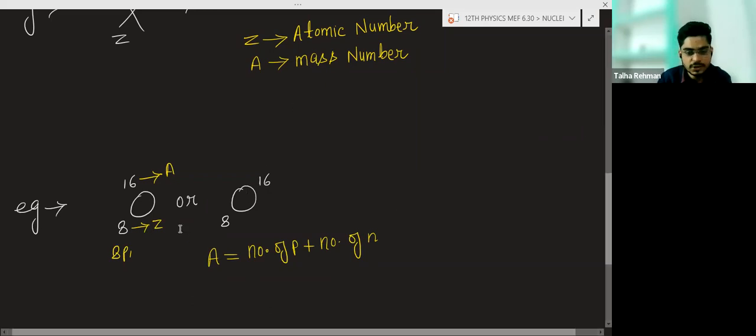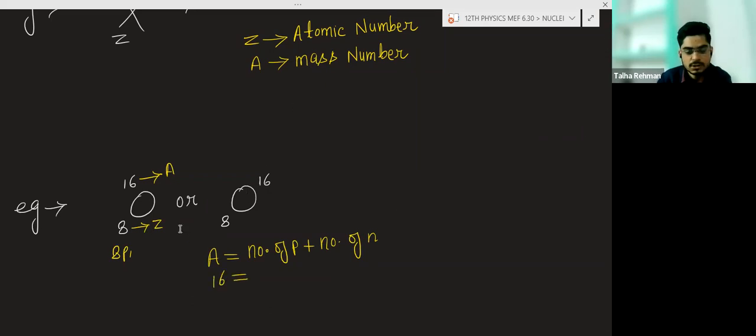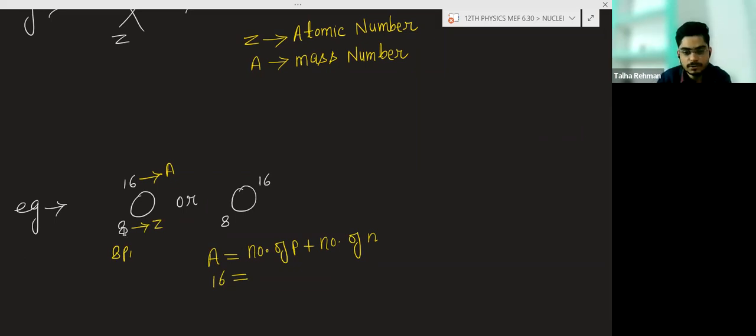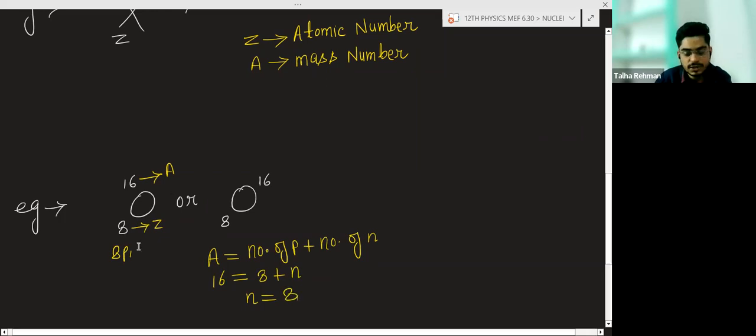Put the value of A as 16. Number of protons is 8 because 8 is the atomic number, plus number of neutrons. So number of neutrons you will get 16 minus 8, meaning 8. So in this oxygen atom there are 8 protons and 8 neutrons.